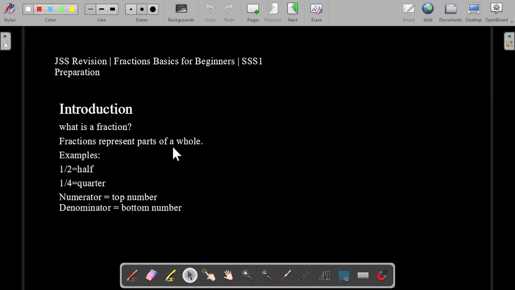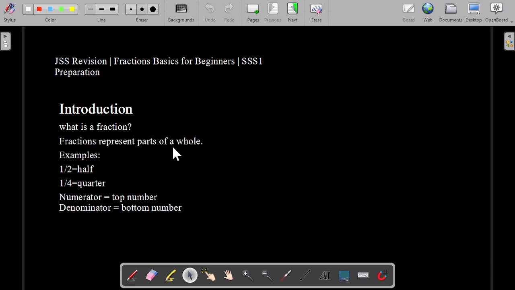Then if you have 1 over 4, we call it a quarter. In fractions also, I want you to bear in mind as you begin to move on so that you will not get lost when you begin to hear words like numerator or denominator. Numerators are the numbers on top. When you have 1 over 2, 1 is the numerator, while 2 is the denominator, the bottom number.